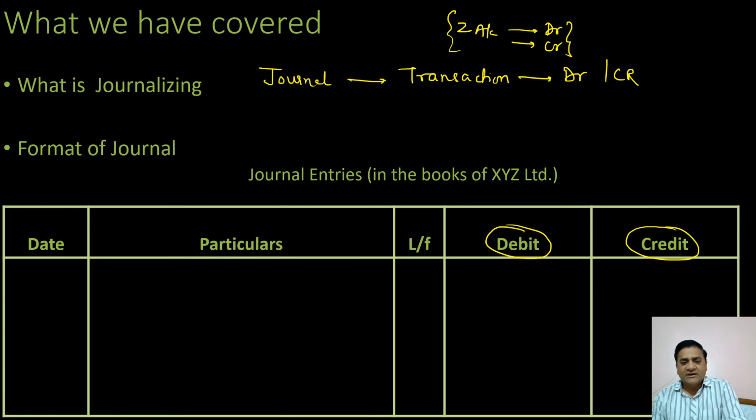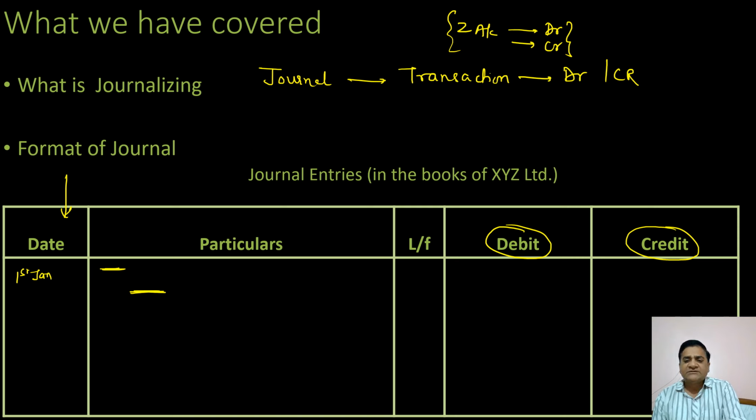Journal entries are recorded in a chronological manner, which means as and when the transactions happen, we record them in the same manner, right? Say for example, if there is any transaction which happens on 1st of January, then we will write 1st of January. Then we'll write the debit account first, and this would be followed by the credit account.